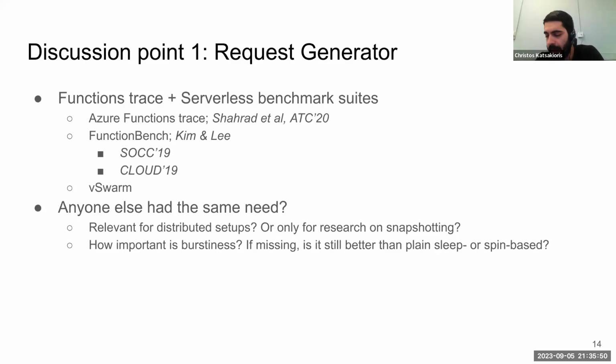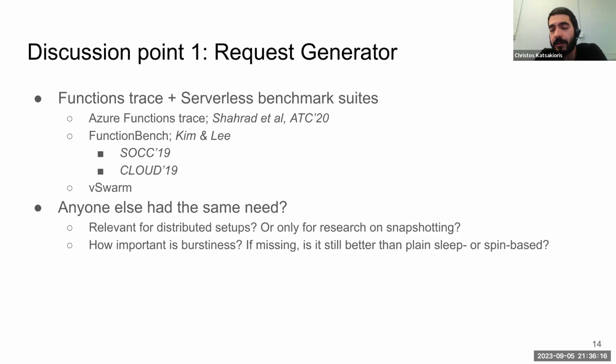So most request generators out there really use dummy functions, like functions that sleep or that spin on CPUs. So we wanted to ask the community's opinion about that. Does anyone else have the same need?